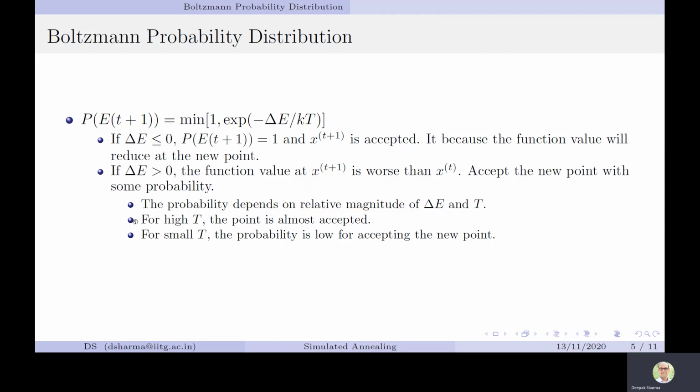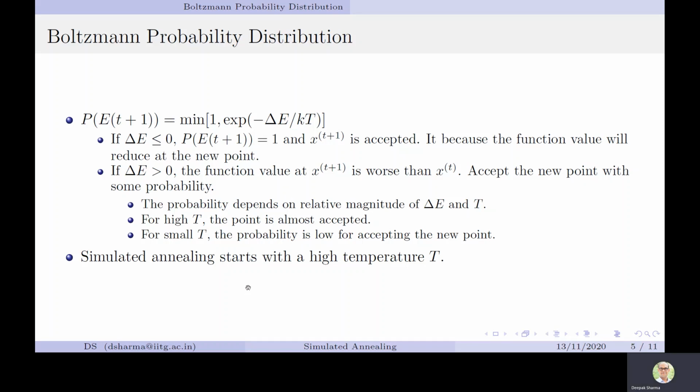If t is small, then the probability of accepting the new point is low. And note that here the new point is worse than the current point. So these three things will help us decide whether we are going to accept a new point which is worse than the current point or not. While accepting the bad point, we are bringing in a stochastic nature to select a point worse than the current one.